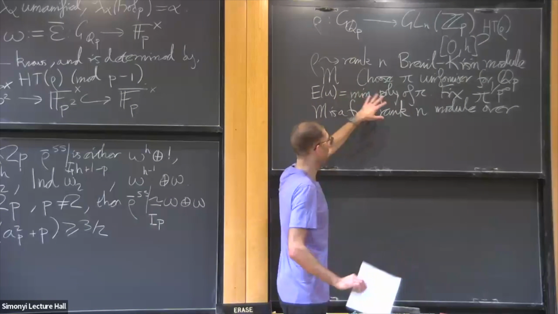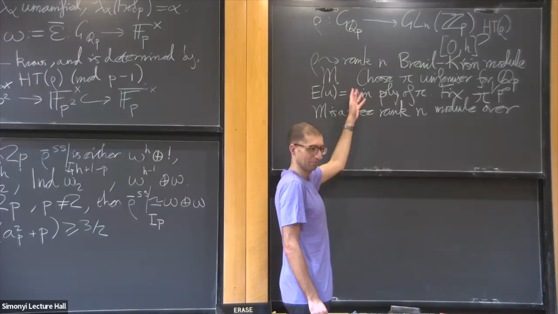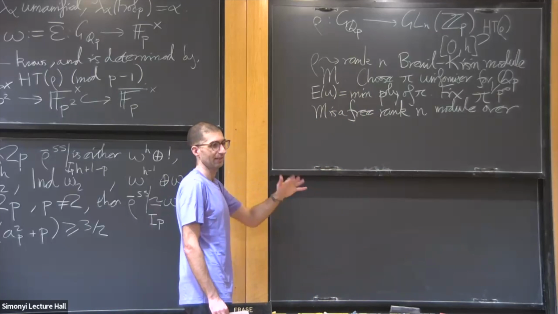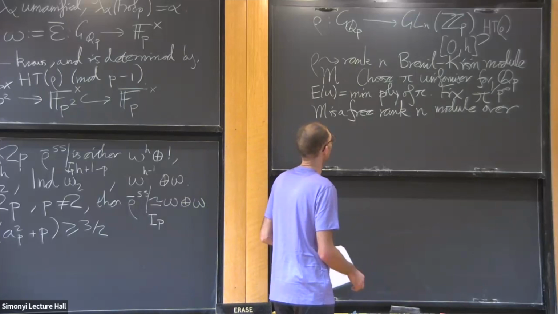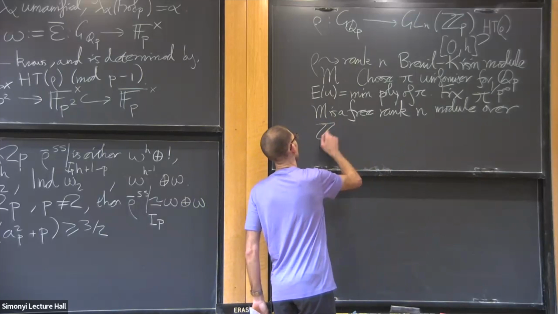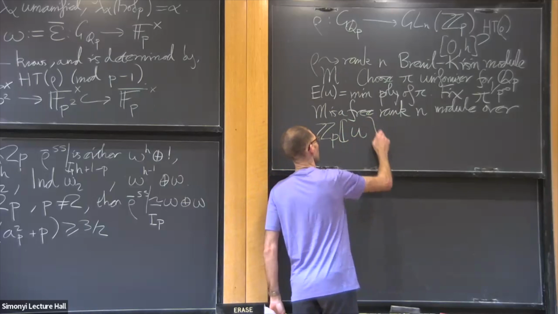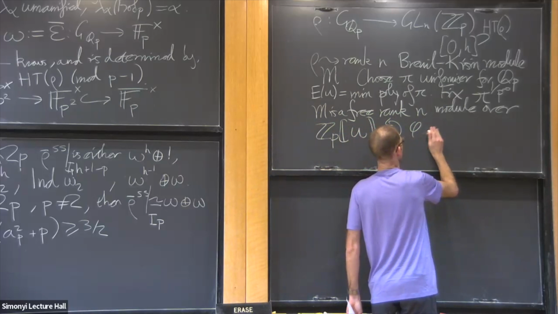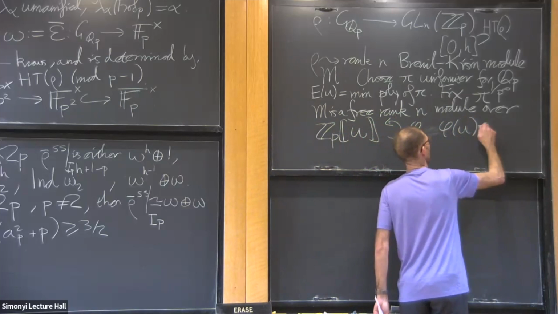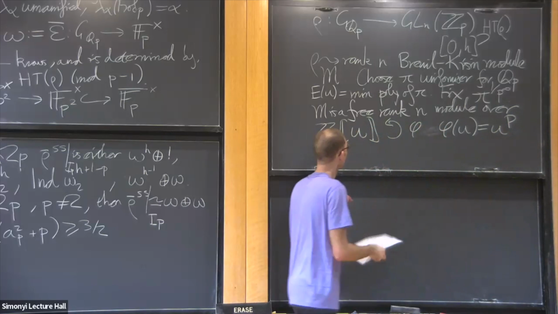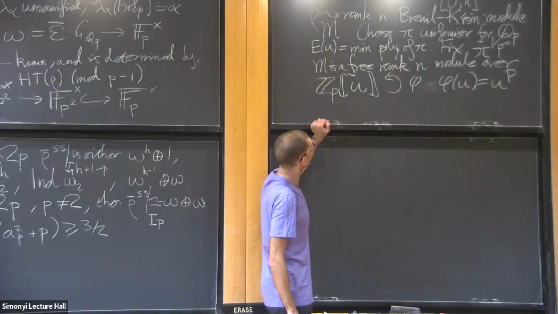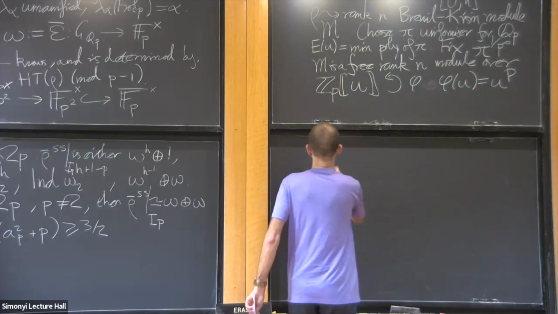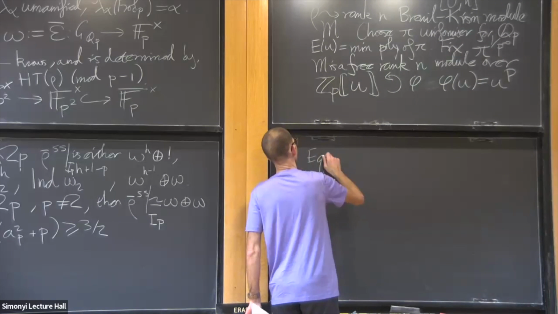I mean, you might well take your uniformizer to be p or minus p, and so probably it's u plus or minus p. We're also frequently going to be mod p. So this is a free module over a power series ring, which has Frobenius given by u goes to u^p. A free module would not be enough data to capture very much, but it's also equipped with a semi-linear Frobenius.